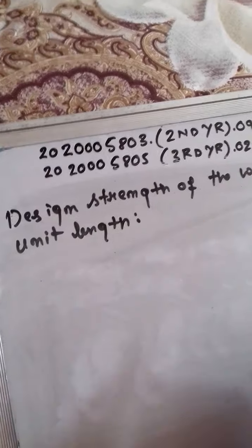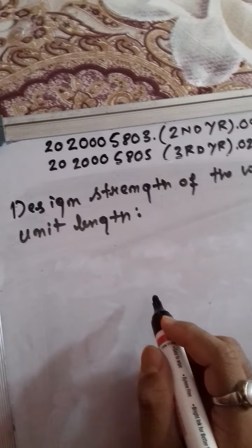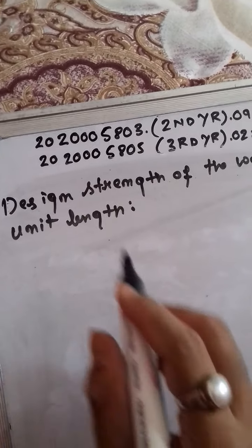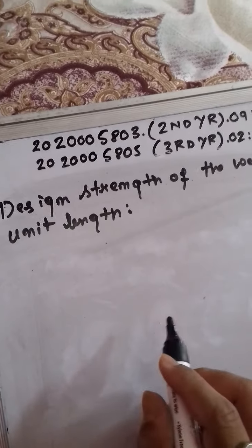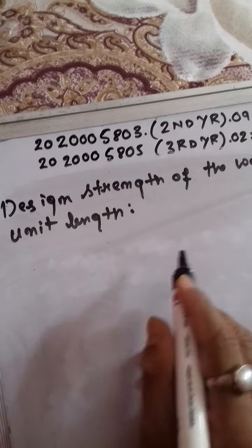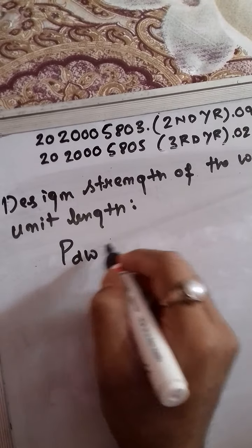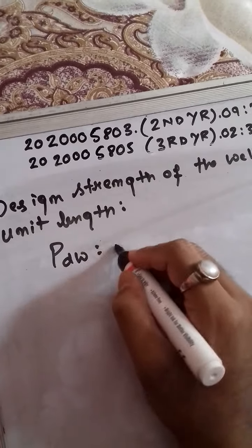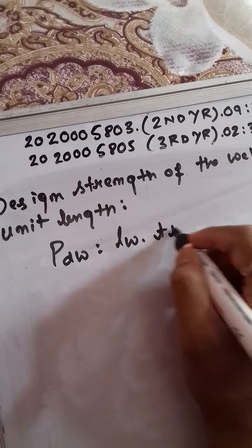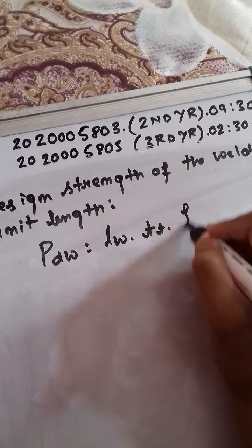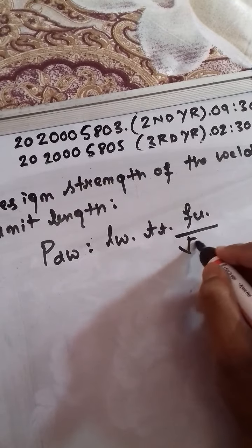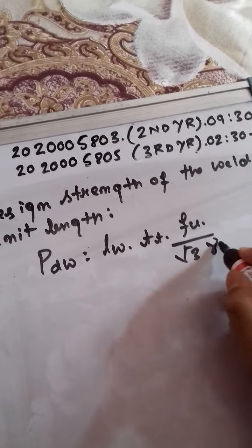That is, we have to take the length of the weld equal to 1 mm, because the length of the weld is not given. We are designing the weld taking into consideration the 3-side welding, right? Okay, so the formula is something like this: Lw into Tt into Fu divided by root 3 gamma mw.